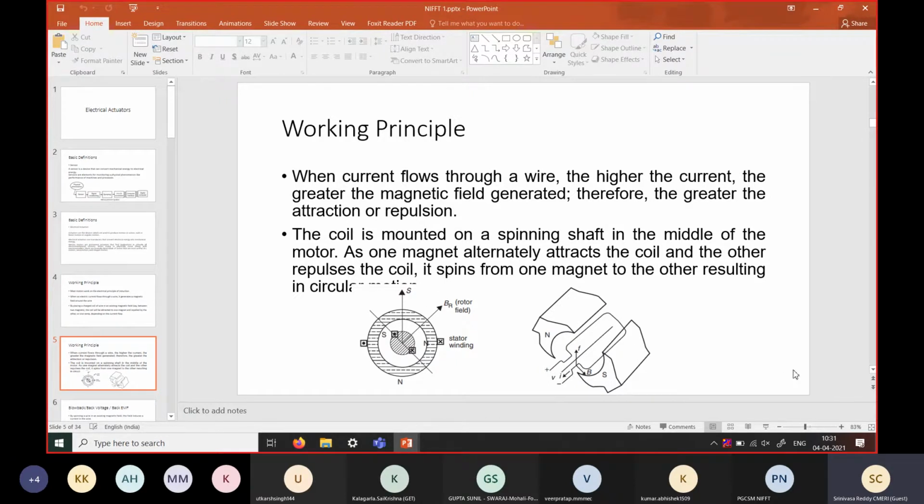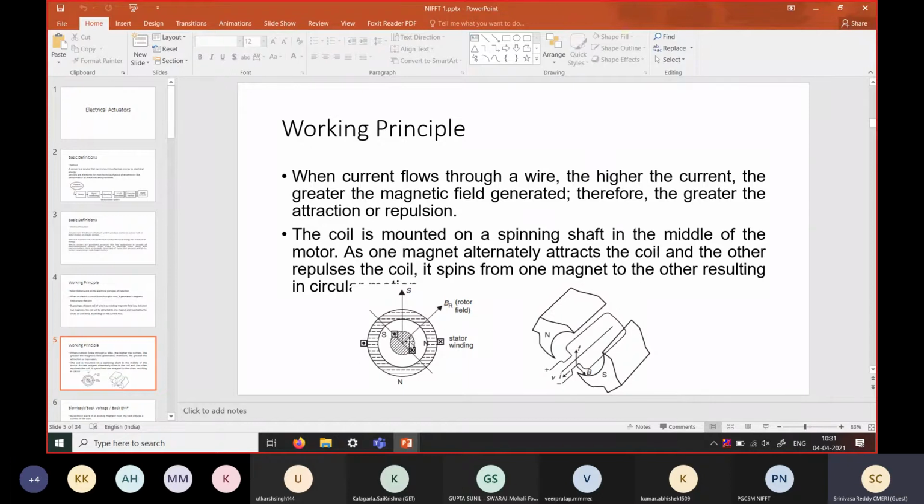When this coil is mounted on a spinning shaft, due to the forces generated and the special arrangement of the coil, it will produce torque which will rotate the motor.